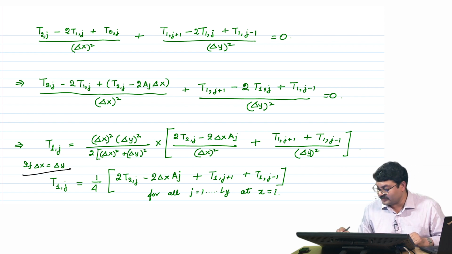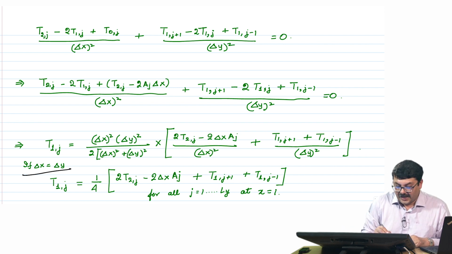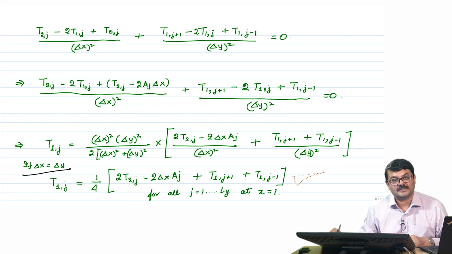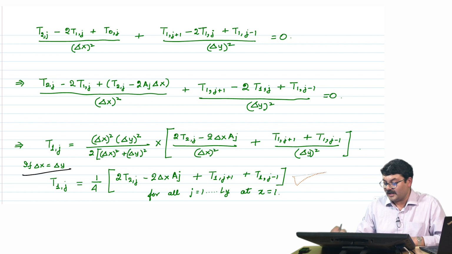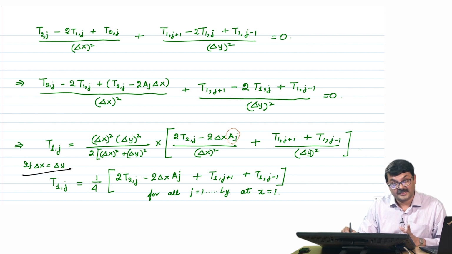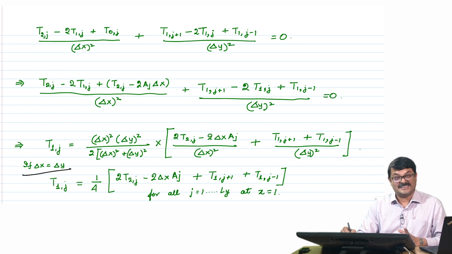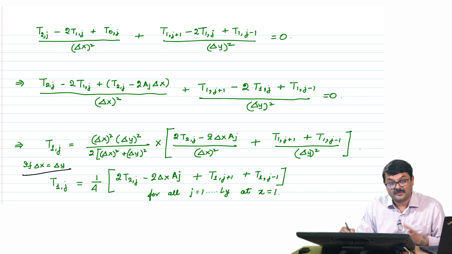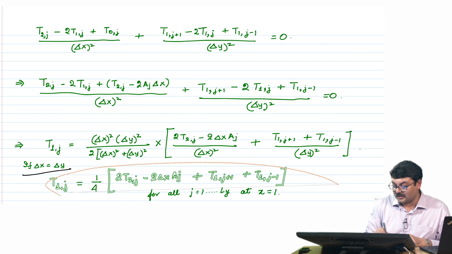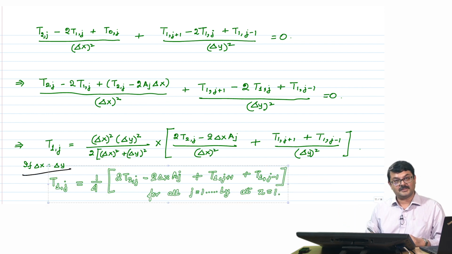So, you have applied the boundary condition, and if delta x equals delta y, just as previously, the expression reduces to an even simpler expression like this for all j, and of course, A j has to be specified, that is what you are specifying, dT/dx at the boundaries for each value of j, and then all that you need is to solve such a simple equation.